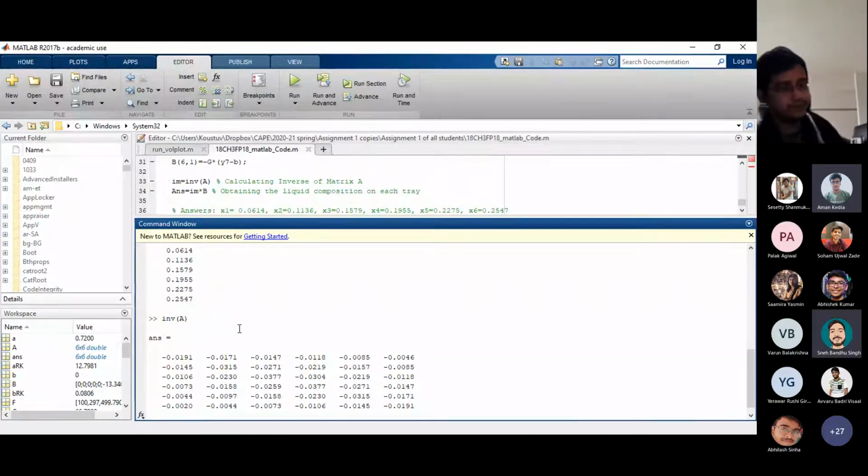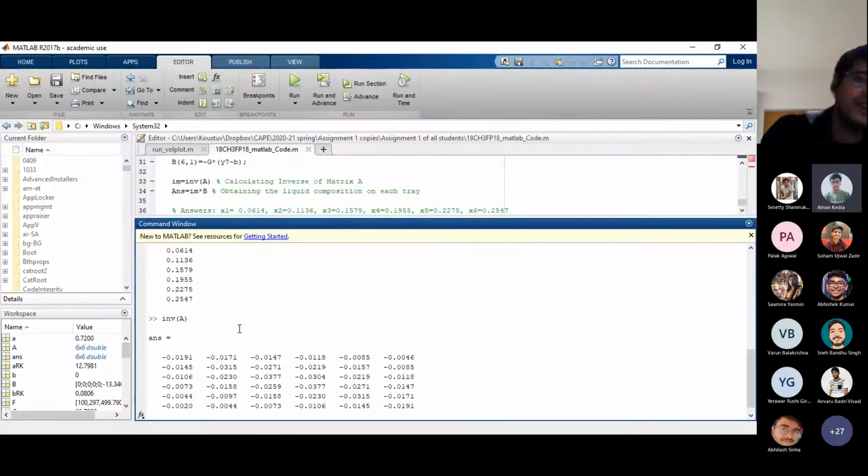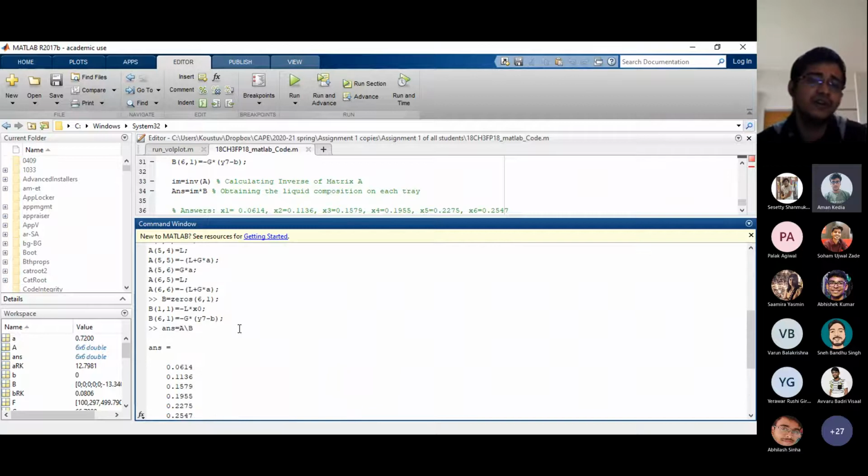So, how to make a block diagram for this? Good question. For this particular kind of problem, at the input side you have L and G as the input values.